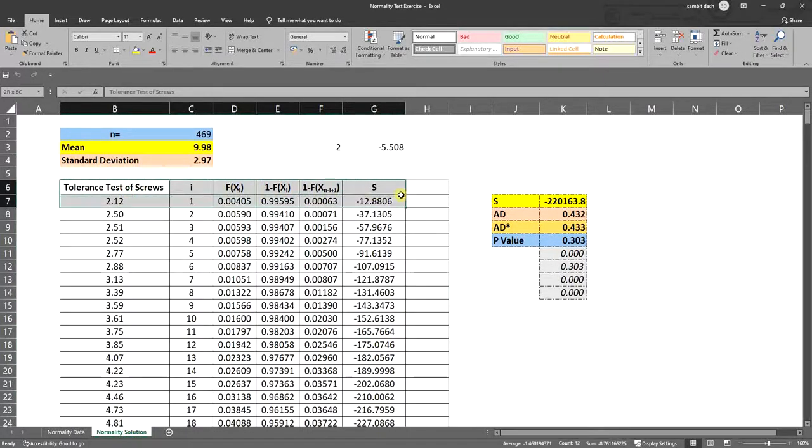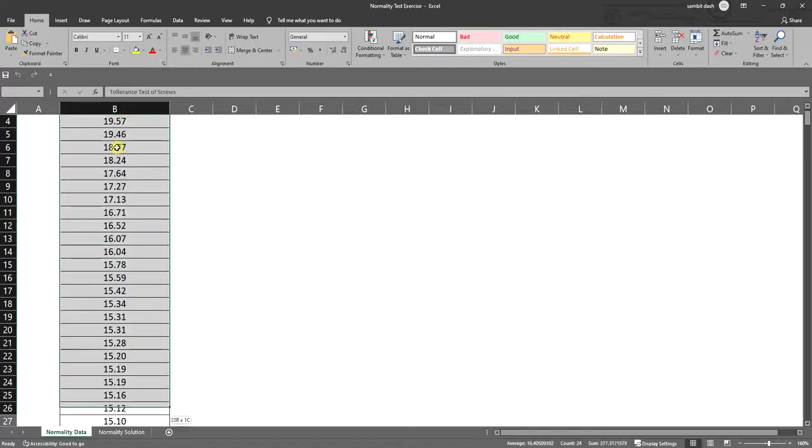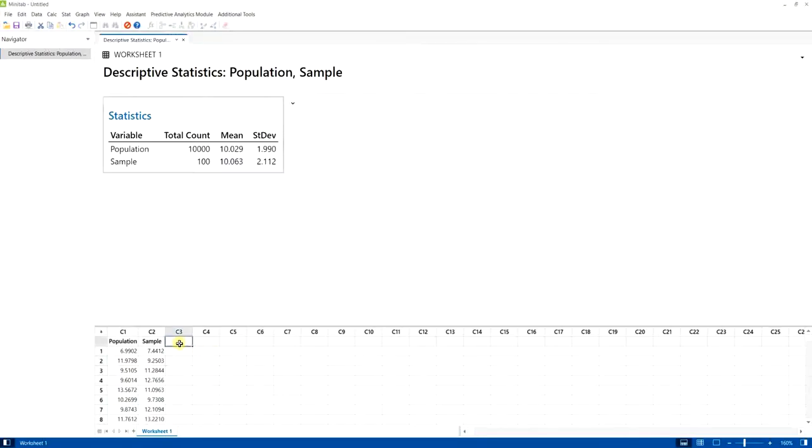Here I have done all the calculations in Excel so that you will understand how a p-value is exactly calculated. But before we do that, let's do it in Minitab and Excel both. So I'll just copy this data, which is 471 data points I believe, and take it to Minitab.